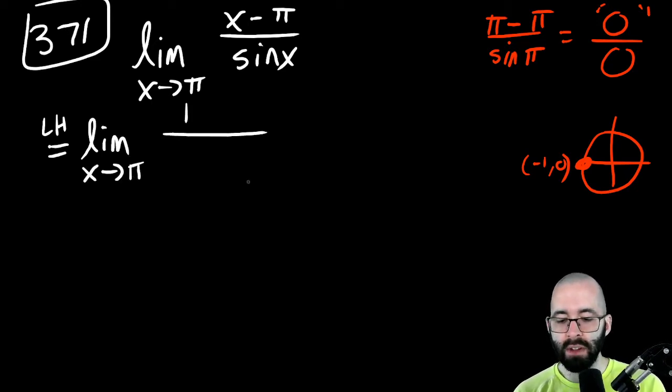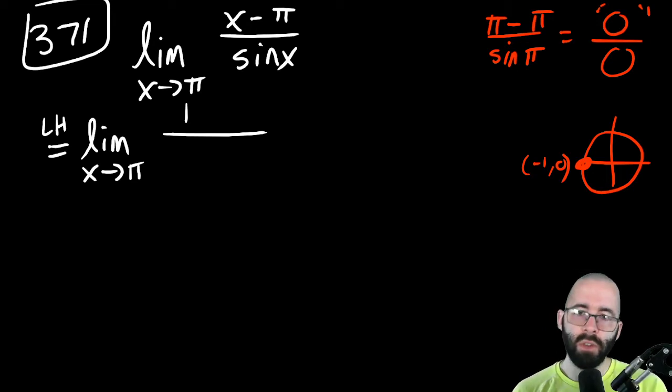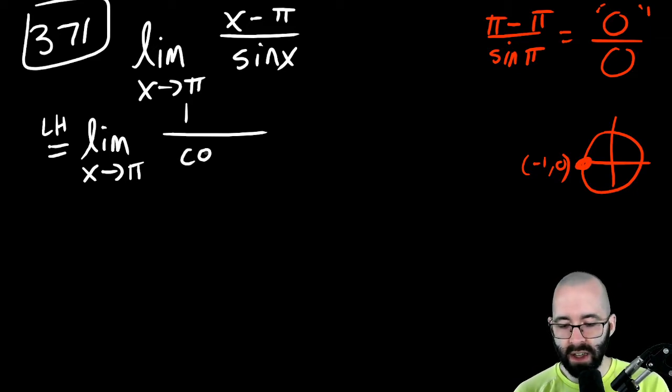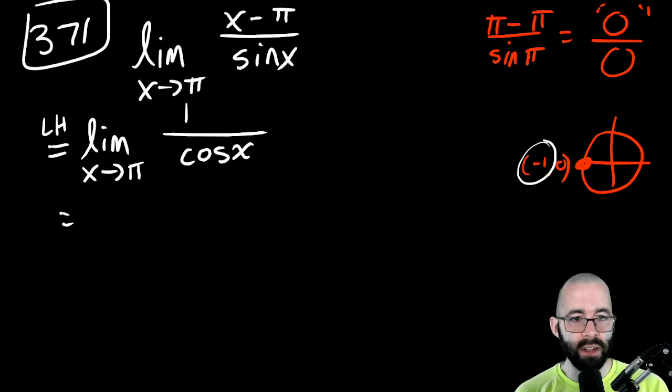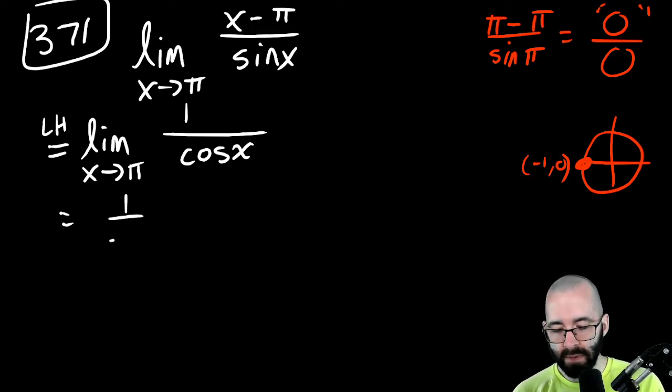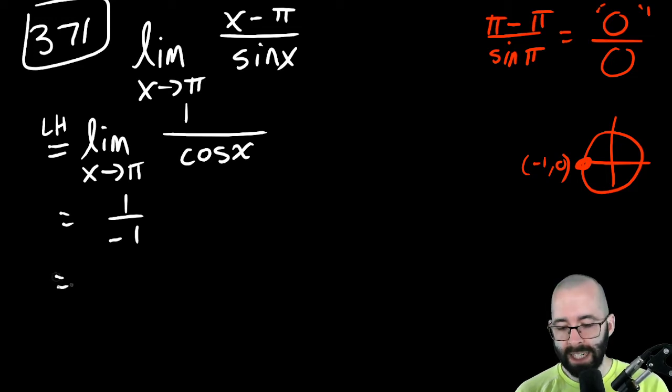Derivative of the top. Don't get tricked by the pi. Pi is just a number. So derivative of x is 1. Derivative of pi is 0. Derivative of sine is cosine. And again, what is the cosine of pi? That's the x-coordinate at pi radians on the unit circle, which is -1. Neat.